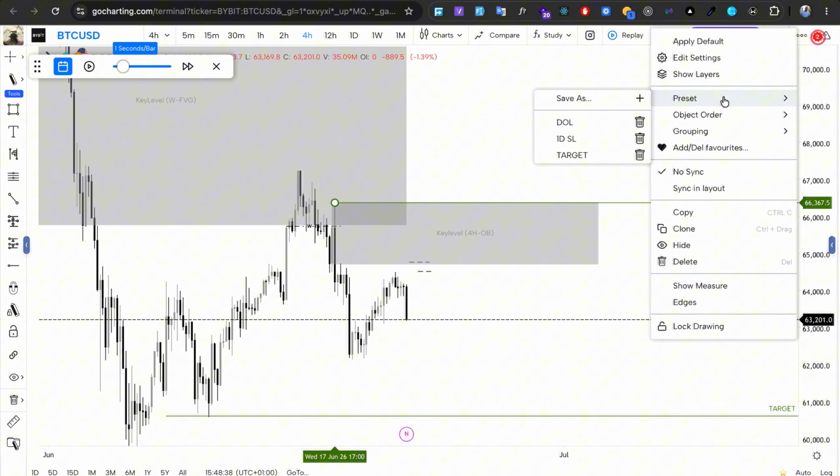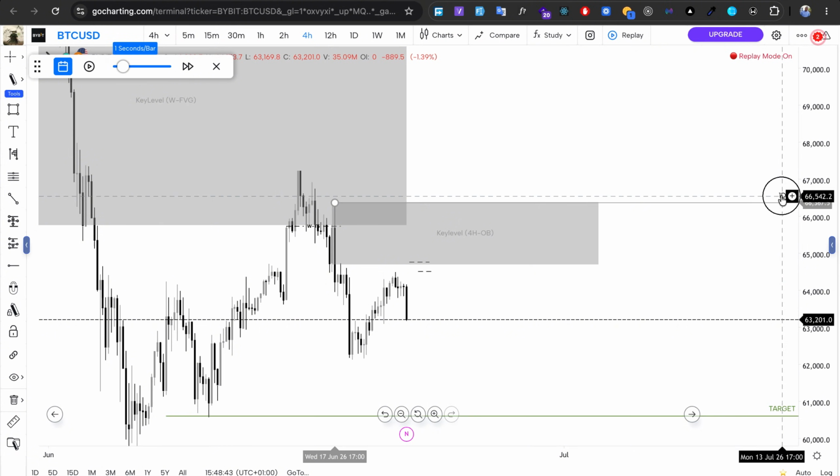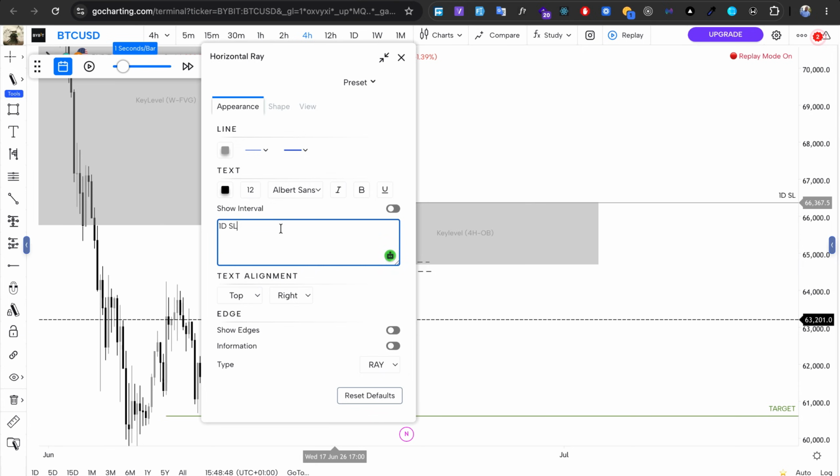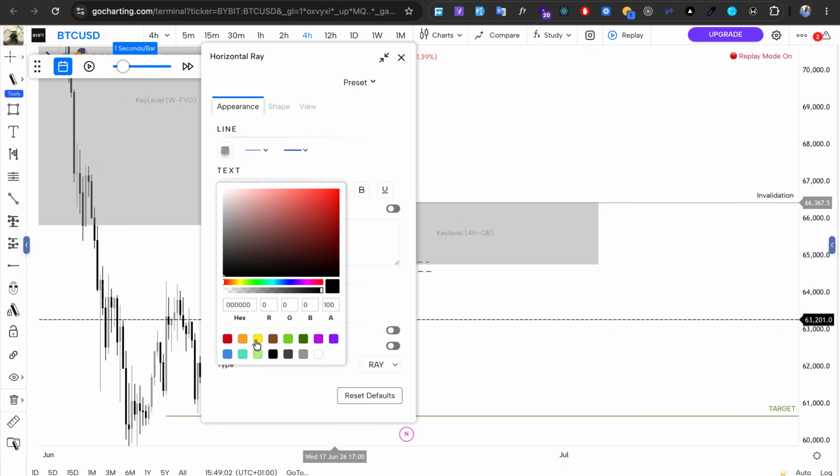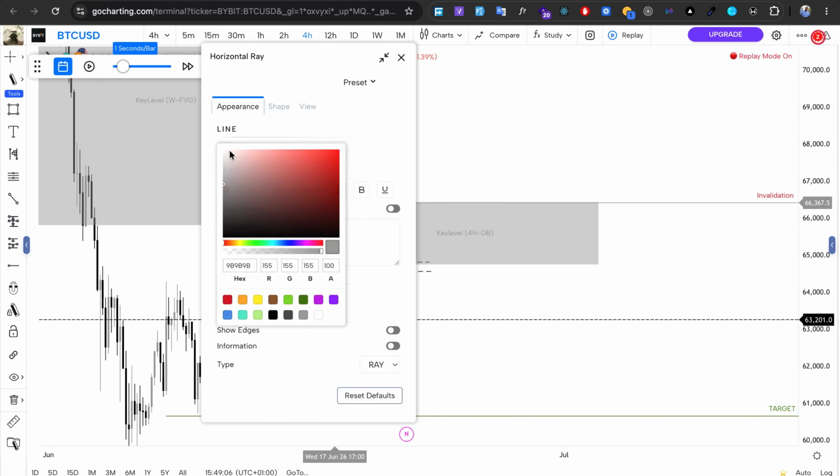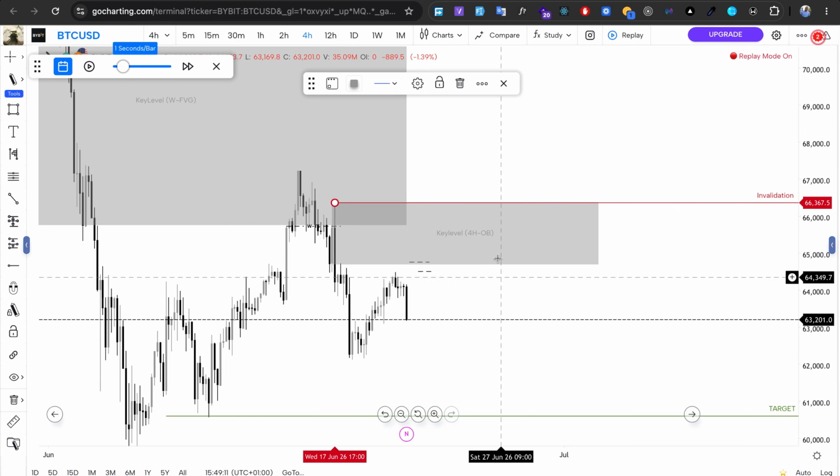This should be an invalidation of the entire trade, right? Let me use a red stuff to signal invalidation.